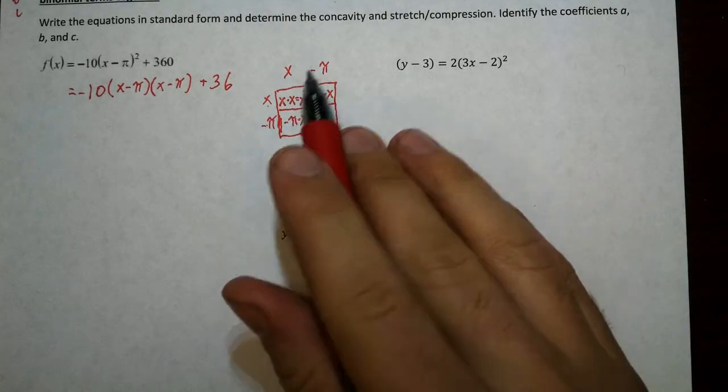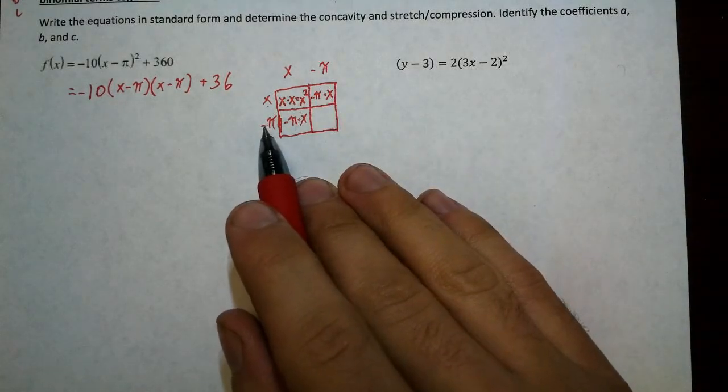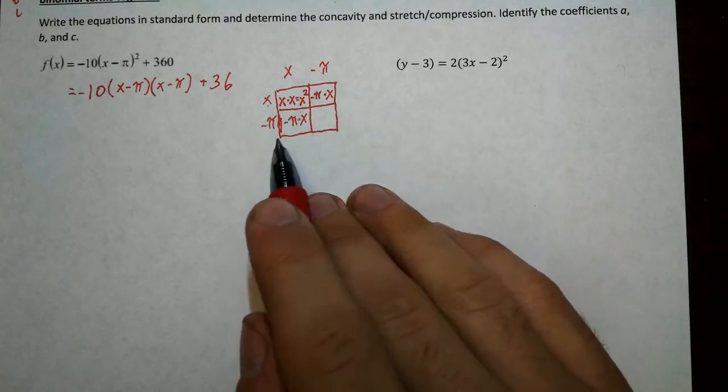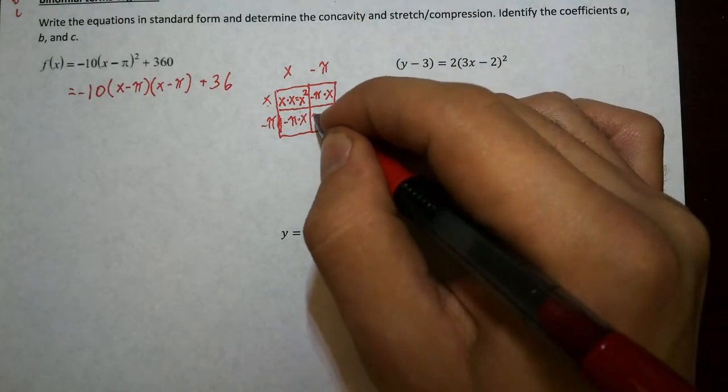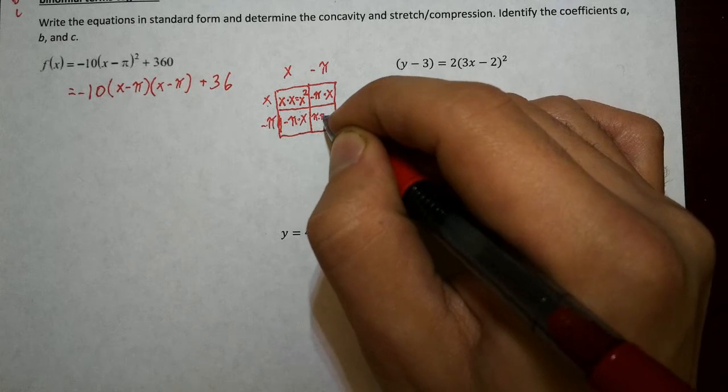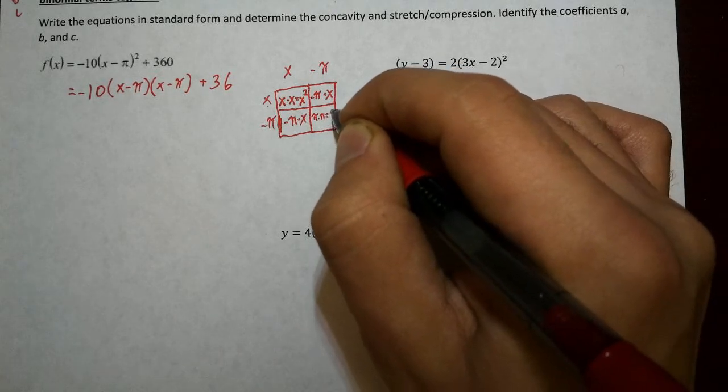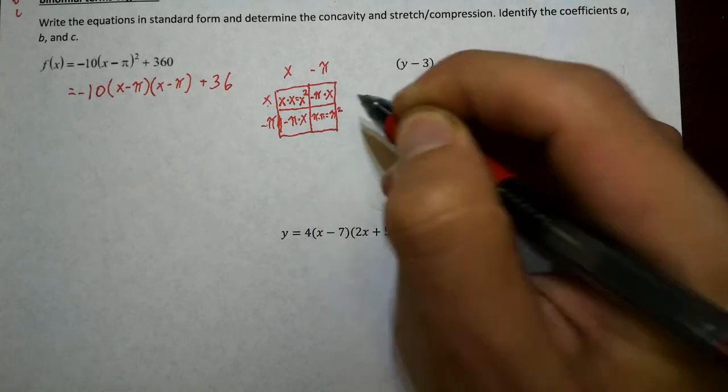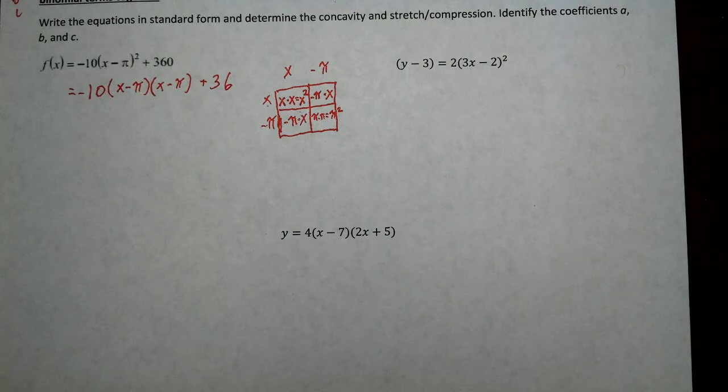I know that a negative times a negative is a positive, and then pi times pi equals pi squared. It's hard to write in that tiny space, but pi squared is what goes right there. Pi times pi, and the negatives cancel.